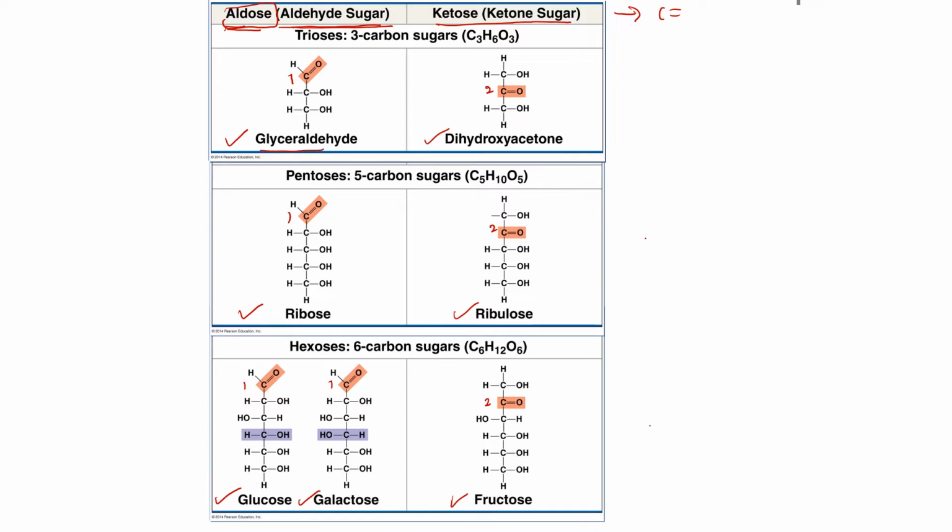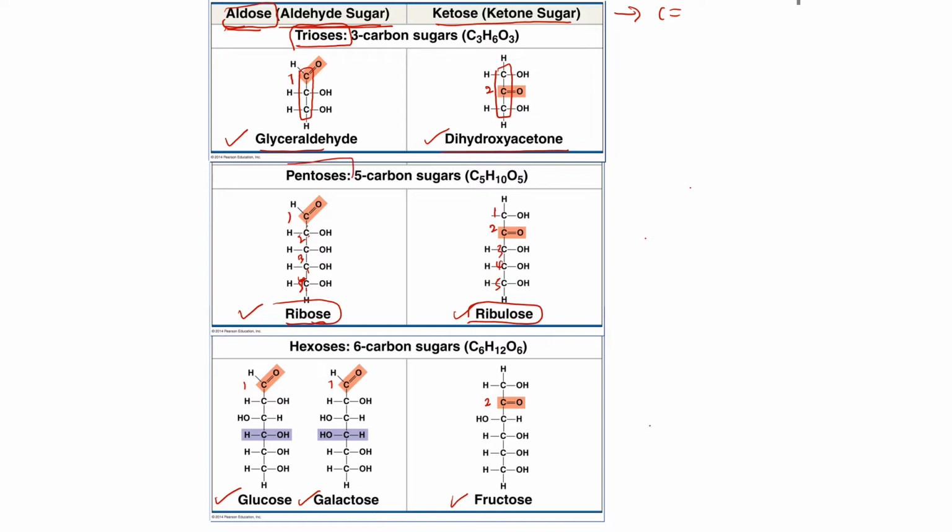Glyceraldehyde and dihydroxyacetone have 3 carbon atoms in the sugar molecule, so they are known as trioses. And then ribose and ribulose have 5 carbons in the sugar molecule: 1, 2, 3, 4, 5.